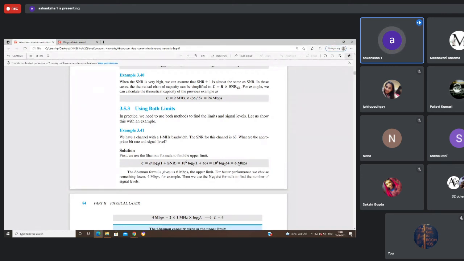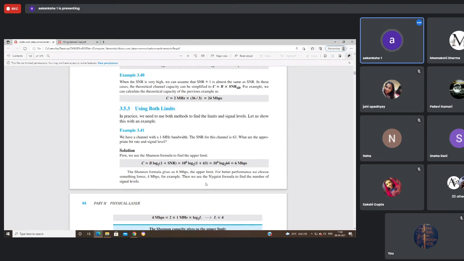So log 2 of 64 is log 2 of 2 raised to power 6. The power component comes in front, so 6 into 10 to the power 6 becomes 6 Mbps, and log 2 of 2 becomes 1. Clear? Yes, ma'am. So the Shannon formula gives us 6 Mbps, using the formula for a noisy channel when SNR is given.